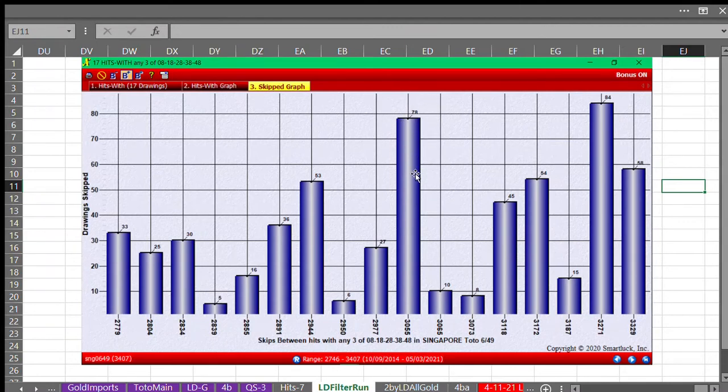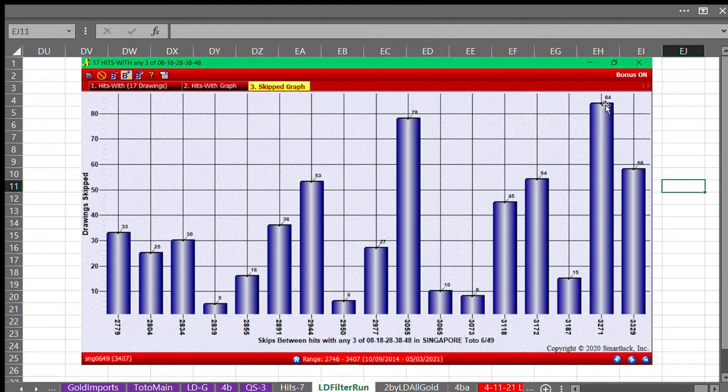So it'll be 77 because I'm subtracting 1. So this is how long the maximum since the last structure change, meaning when they added the extra balls, it was 84 games before you had 3 last digit 8s, and that includes the bonus, unfortunately.